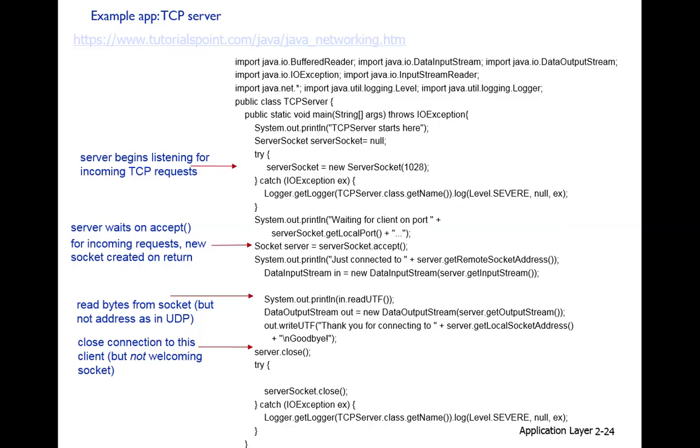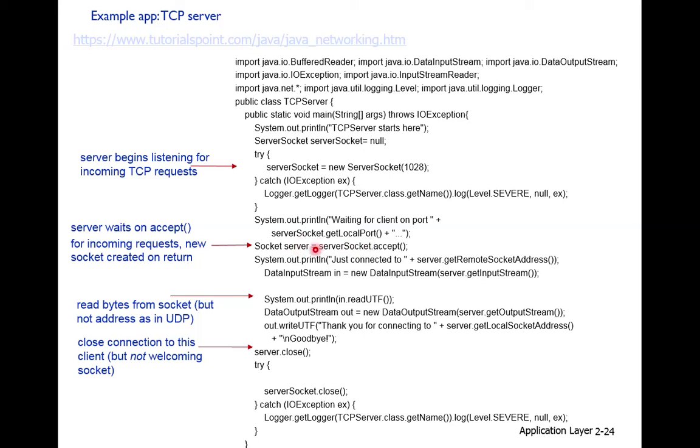For example, here is the TCP server program, and this is the main server socket. It is listening at this port, and when a connection arrives from the client, the connection is established and a new server socket is created, and this server socket handles the client.